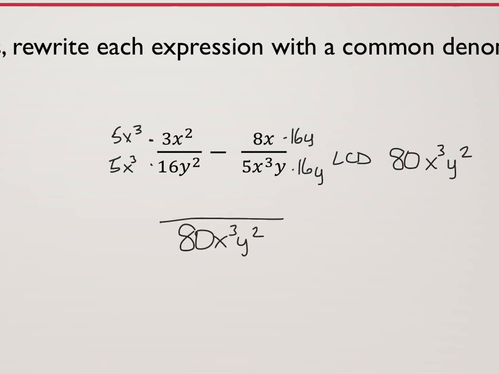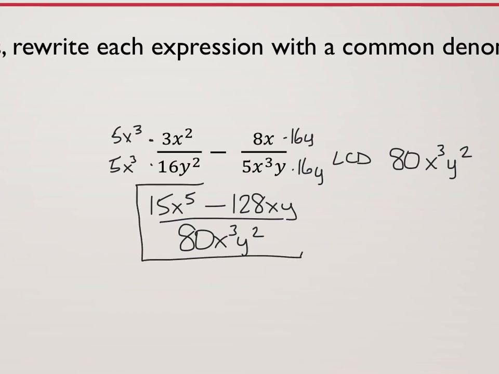And I'm going to subtract the top. On the top here, I'm going to have 15x to the 5th minus 8 times 16 is 128, I believe, xy. And that would be my expression there of subtracting those expressions.